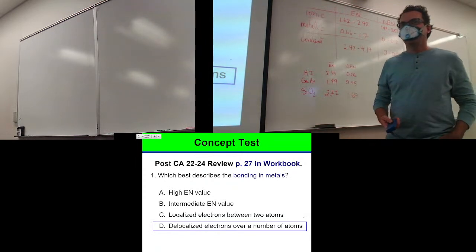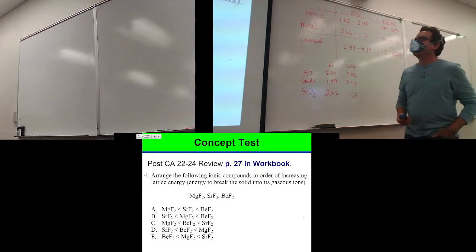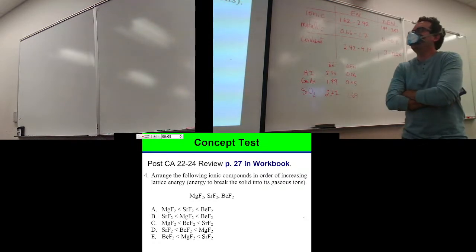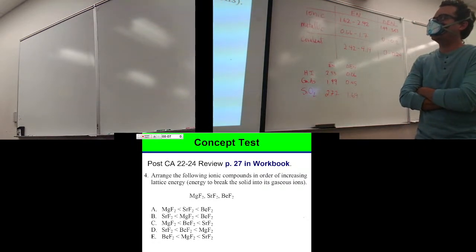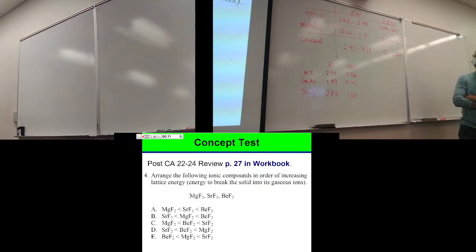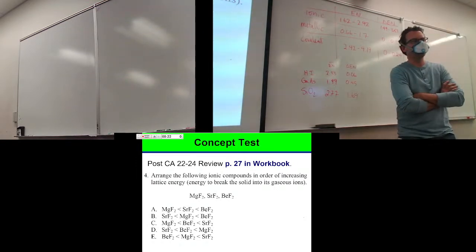I think it means the D. Yeah. All right. This is not bond type triangle. This is going back a little bit. But if you were to rank these in order of increasing lattice energy, which one is the answer? This is kind of what the homework due on Tuesday is.